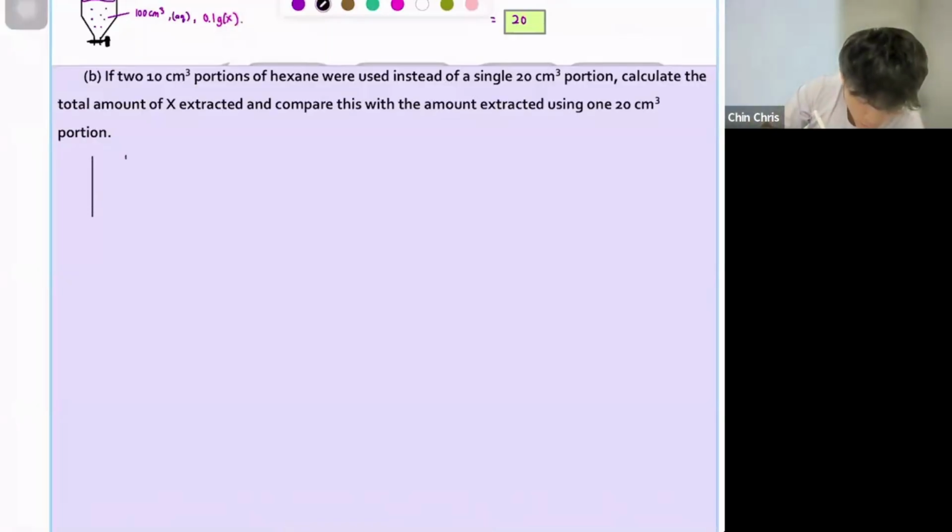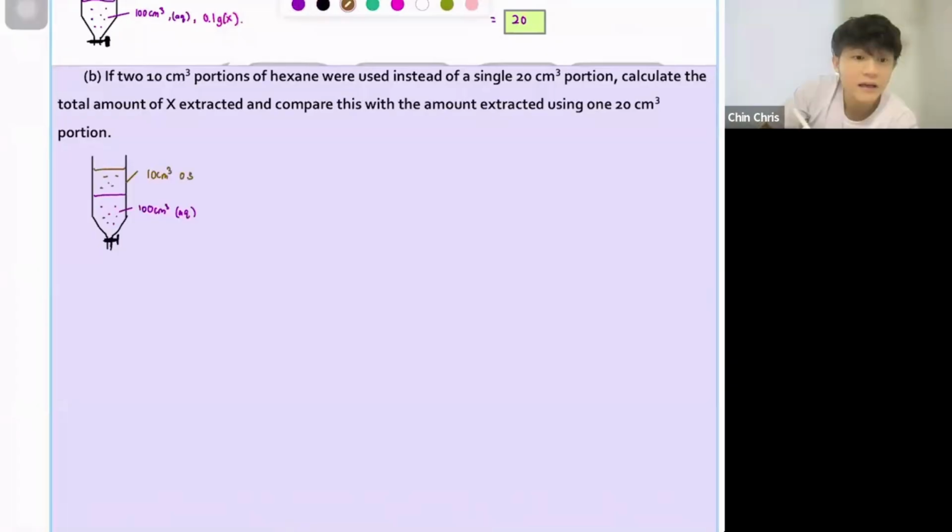So basically, what you are doing, guys, I have 100 cm cube here. And this time, I'm changing this into a 10 cm cube of organic solvent.